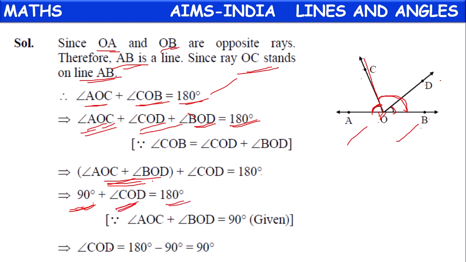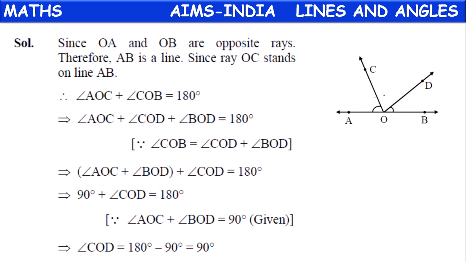So COD equal to 180 minus 90 equal to 90 degrees. So this part equal to 90 degrees.